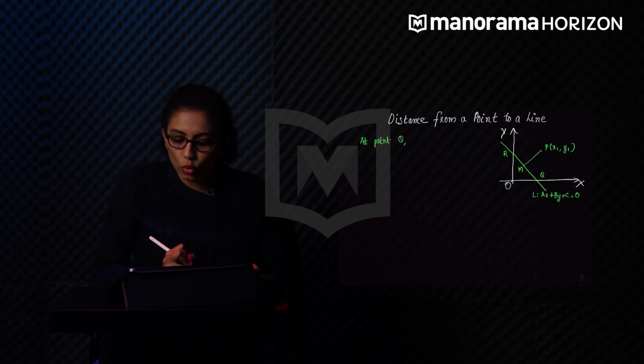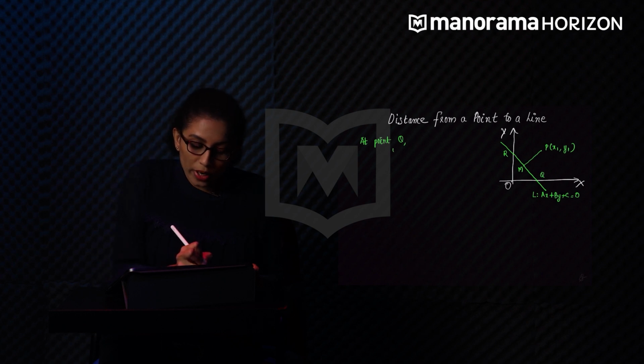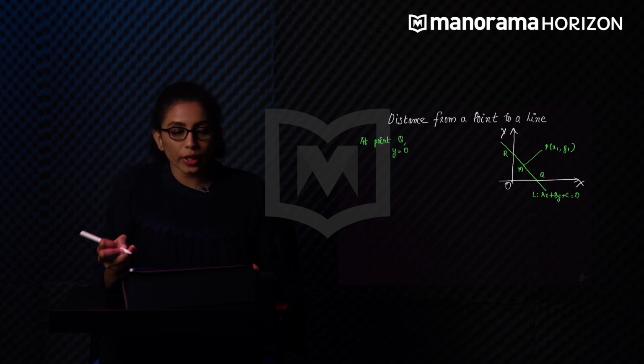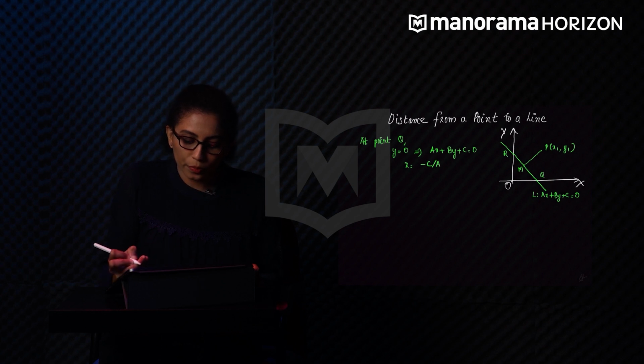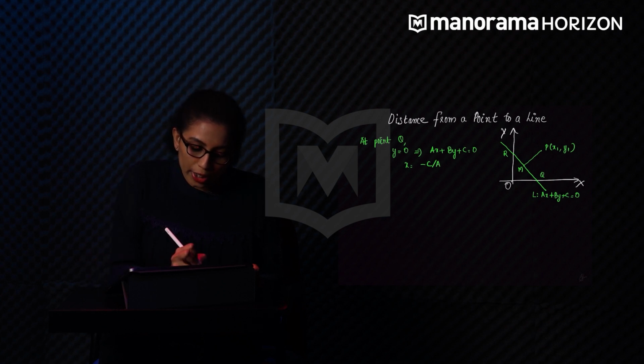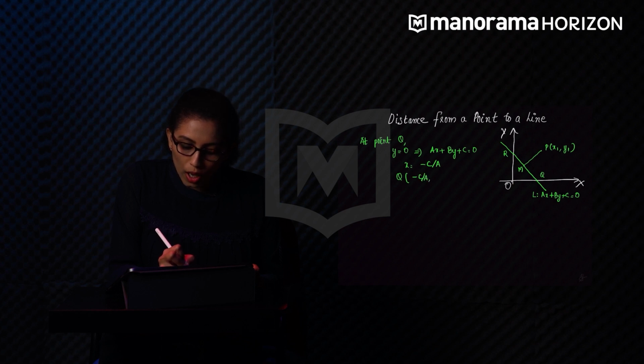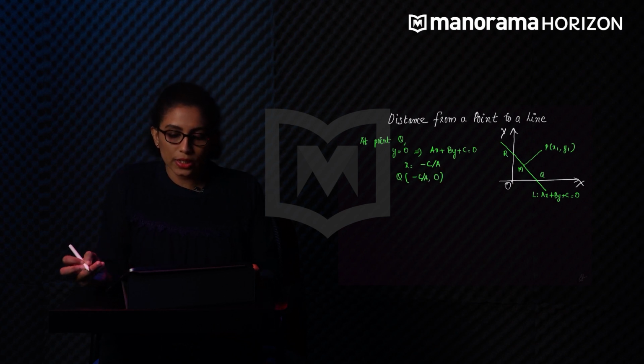At point Q, we know that y is equal to 0. Substituting in the equation ax plus by plus c is equal to 0, you will get the value of x. So, x is equal to minus c by a. Alright, so the coordinates of point Q will be minus c by a, 0 because y is 0.